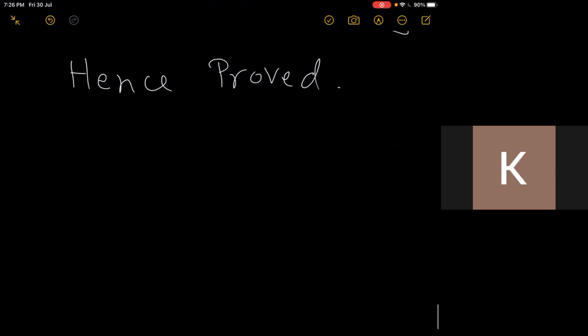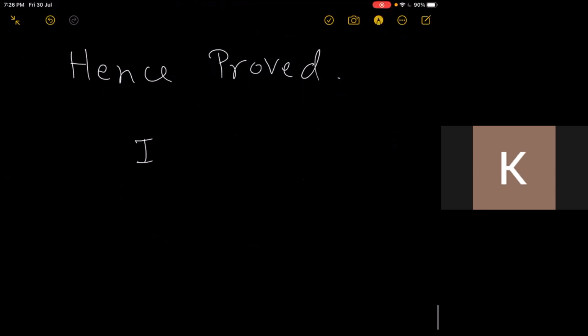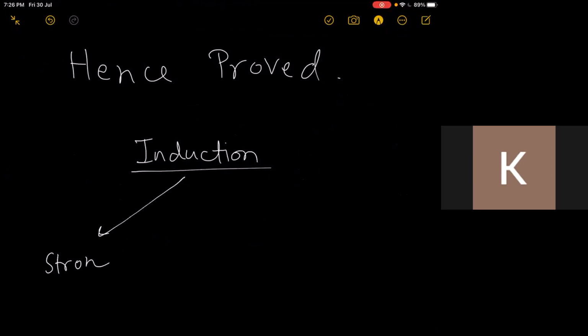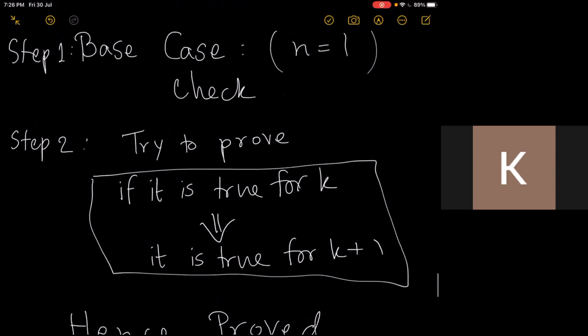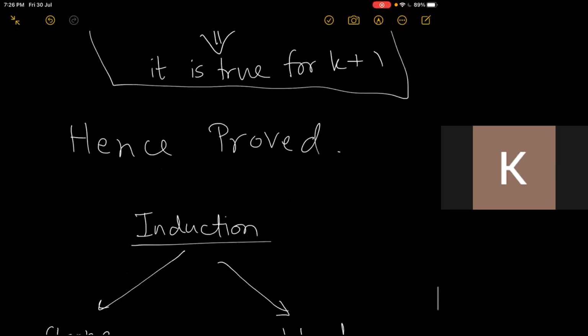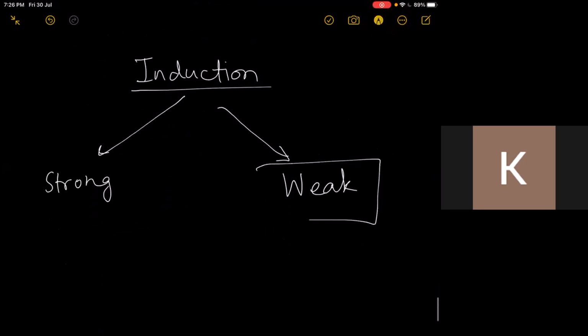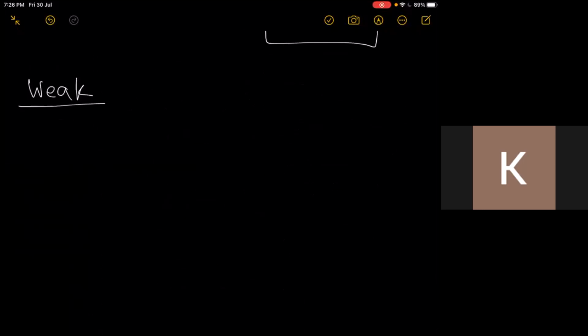Basically induction is of two types. One is called strong, one is called weak. The type of induction which we did just now is the weak type. So what is weak induction?